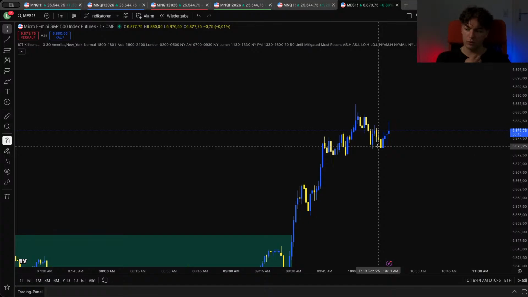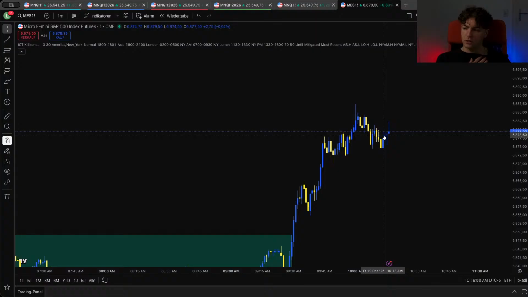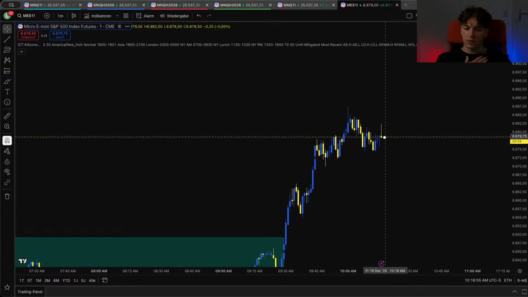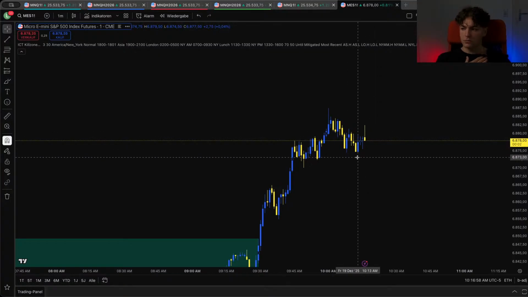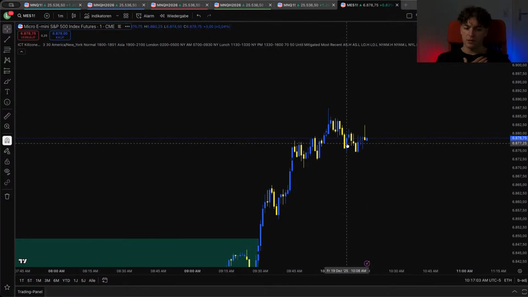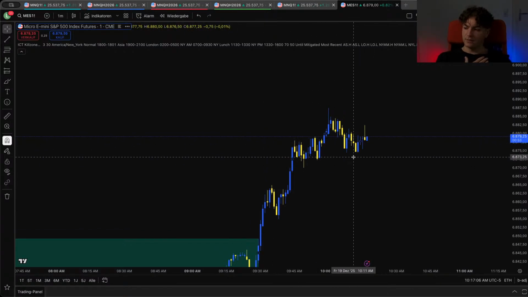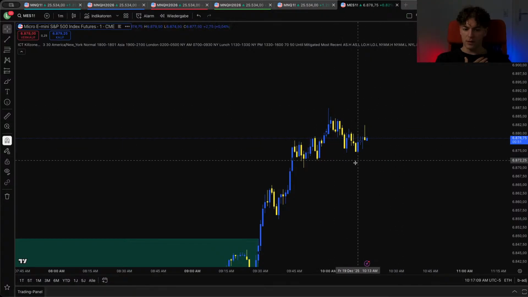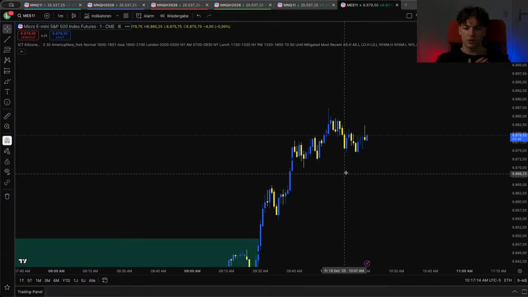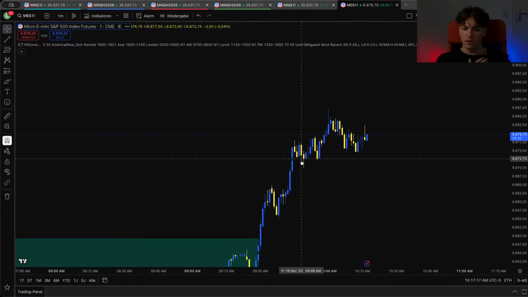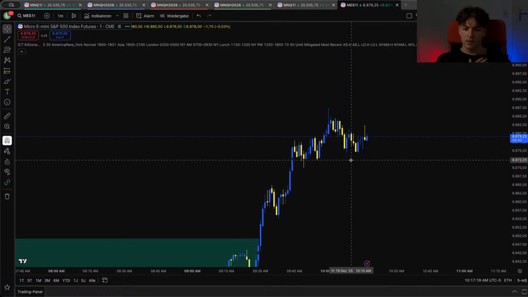Like I told you in the middle of the stream, MES on a daily chart is the strong one of these indices. So if you want to go long, I'm personally not looking for longs, but MES is the stronger leading index to the upside. NQ is the weaker one, which is perfect. We are looking for shorts, so we want to short the weaker index, which is NQ. NQ made the lower low, while ES, S&P 500, made a higher low.